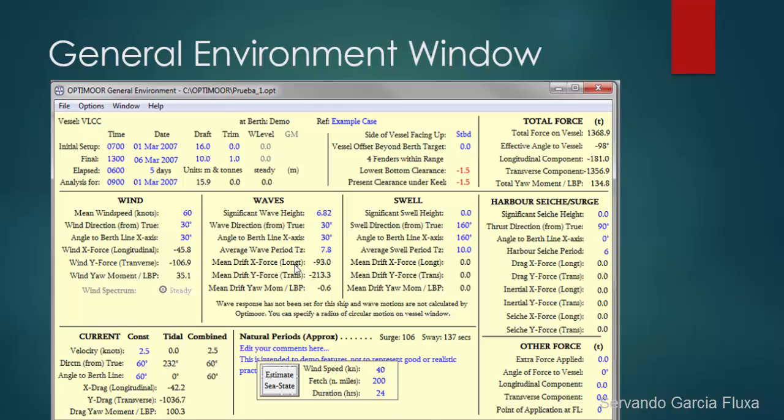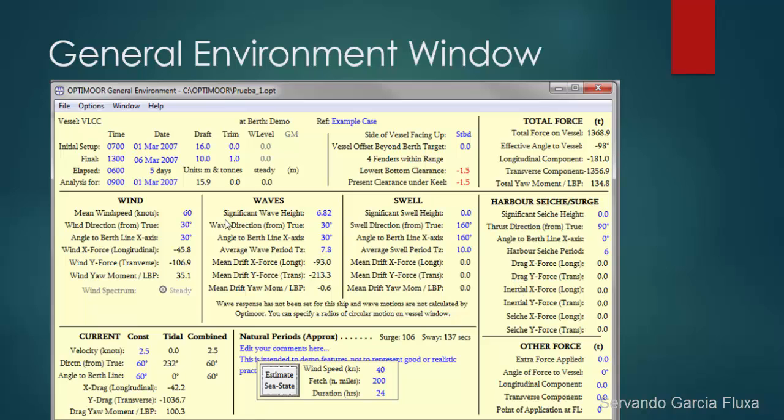Also, as you can see, as I now introduce some wave data, now the lowest bottom clearance is negative, because now we have a wave height of 6.82 meters. So, well, that affects the clearance under the vessel.